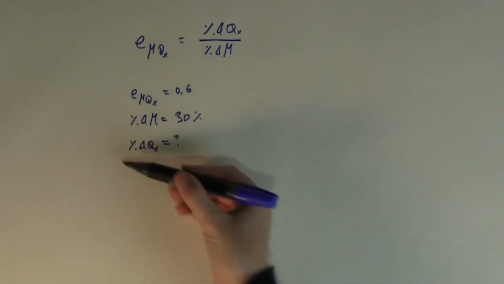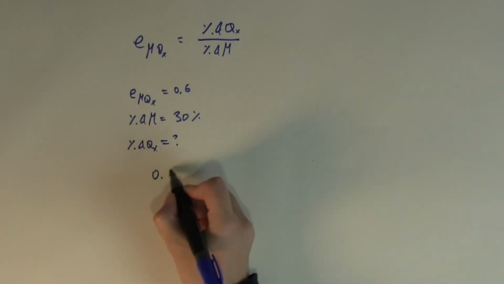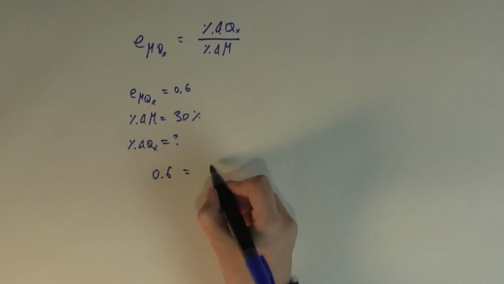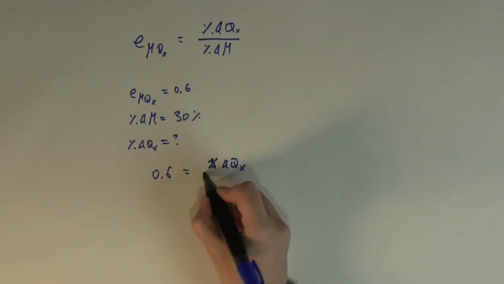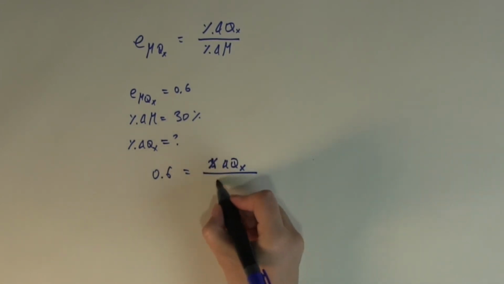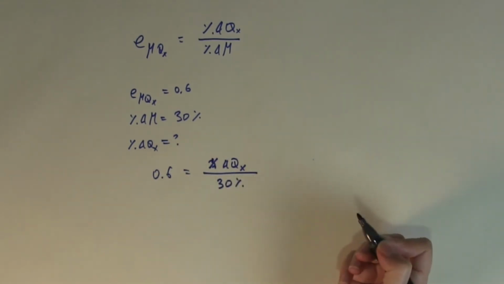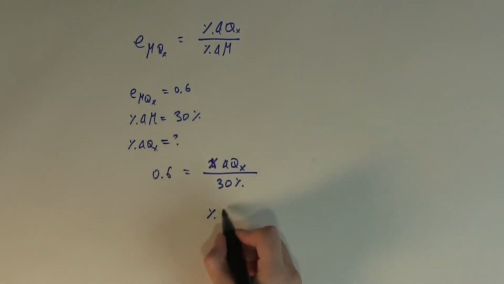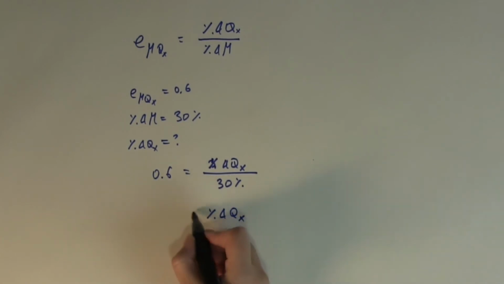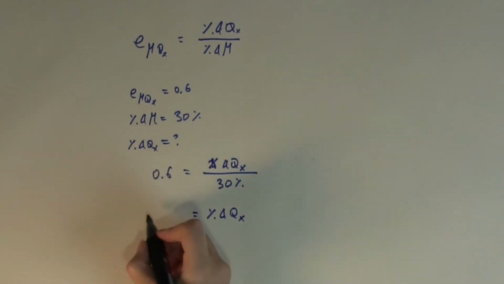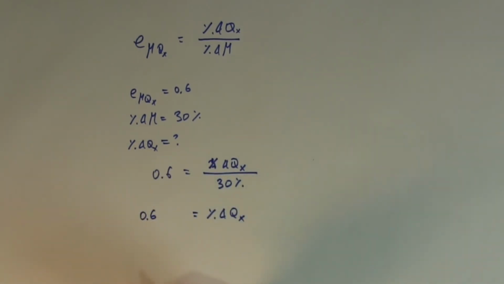So put the numbers into the formula. So 0.6 is equal to percentage change in quantity of X over the 30%. So again, to calculate the percentage change in QX, I just need to multiply it by the 30. So 0.6 times 30.